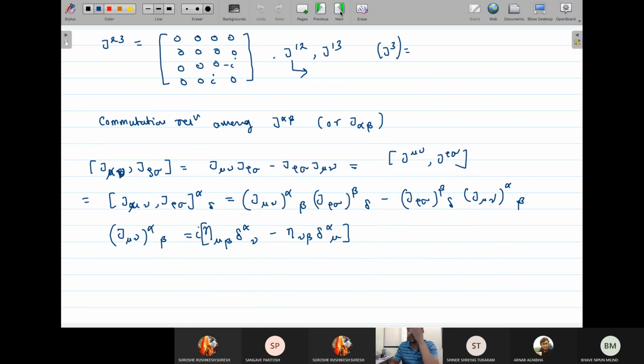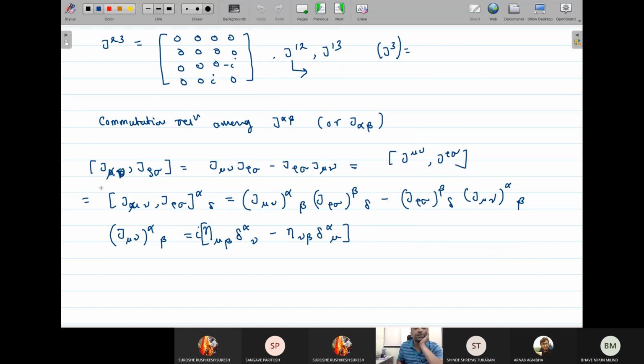Fine. Then another thing, which we will require in future, is the commutation relation. What is the algebra satisfied by these generators? That decides, that reflects in the representation of the Lorentz transformation.